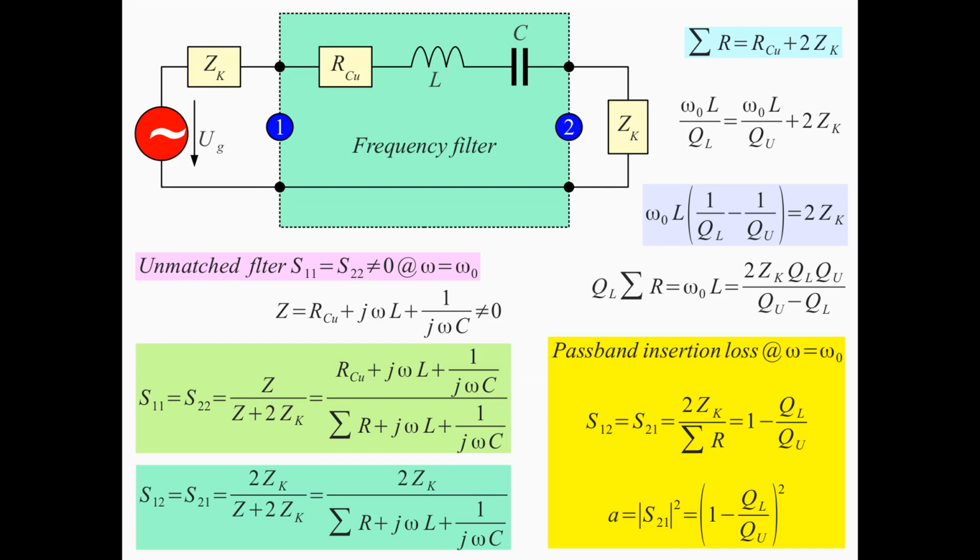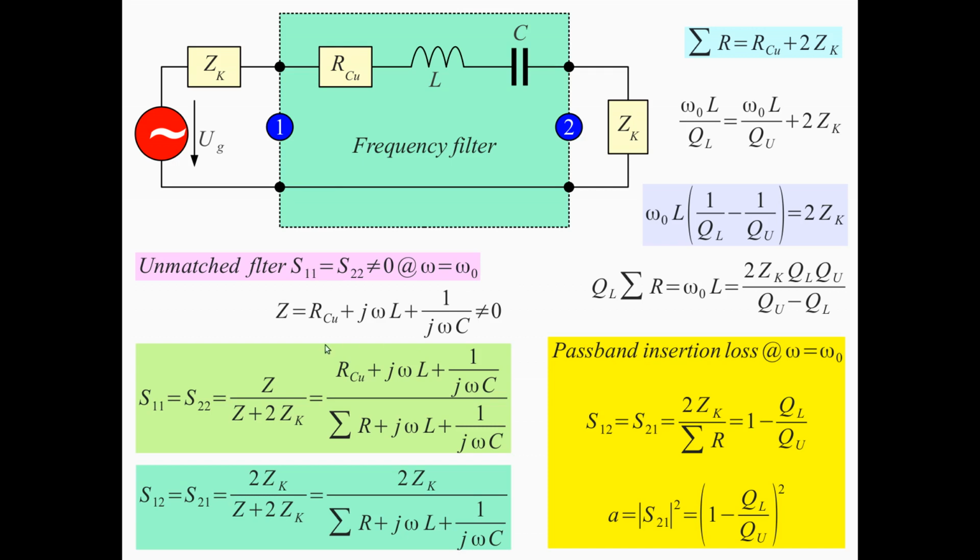Although the filter is not matched, this kind of filter can never be matched to this environment, because the input reflection S11 and output reflection S22 are different from 0 even at the central frequency, even at the resonance frequency. The impedance of this filter is different from 0 at omega 0. At omega 0 this cancels out, and it's even much larger away from omega 0.